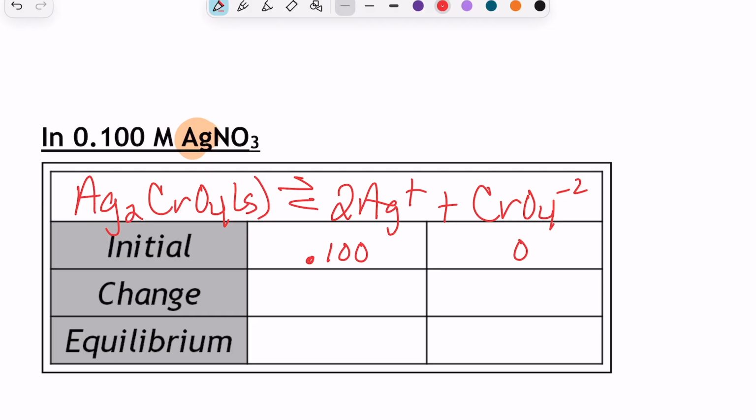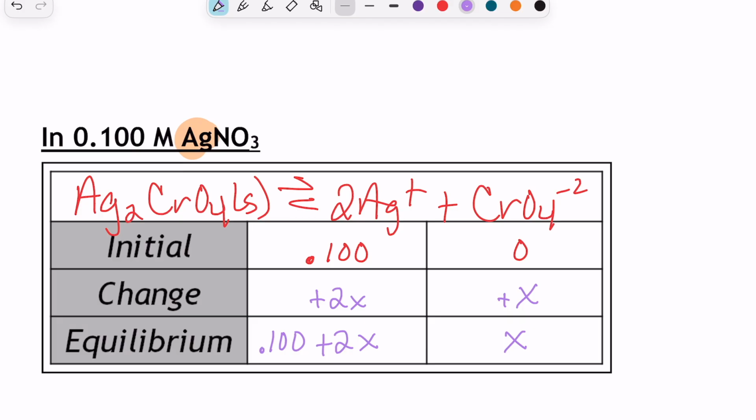Now, just thinking about Le Chatelier's principle, if we're starting with silver, it's going to force the equilibrium to the left. So we're expecting this to have a lower solubility. Let's see if that's the case. Plus 2x, and plus x. So at equilibrium, it's 0.100 plus 2x, and x.